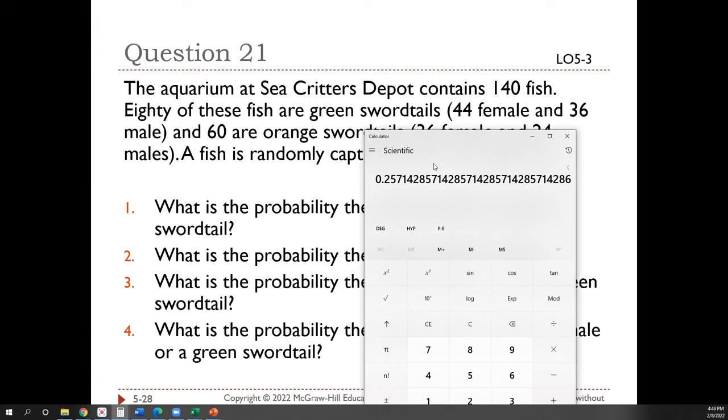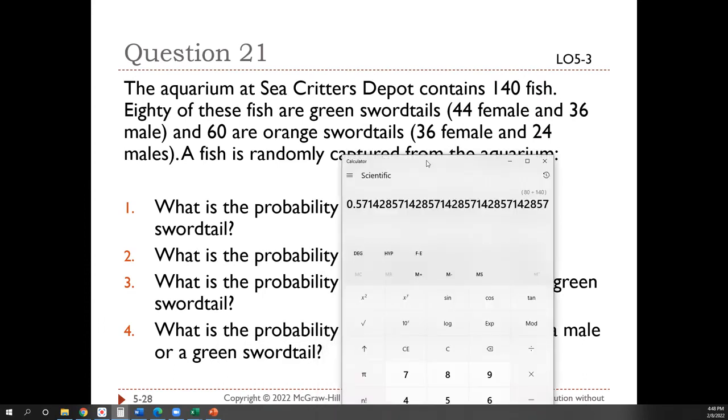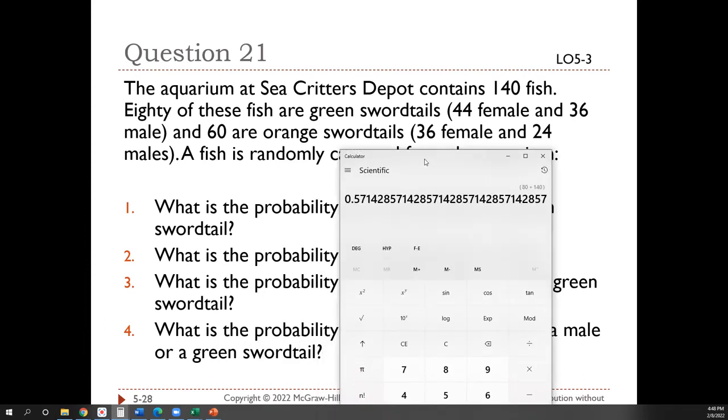we have to take our options, A and B. So we know one was the green swordtail. We know that they could be male. Total male was 60. So we're going to add 60 divided by 140.